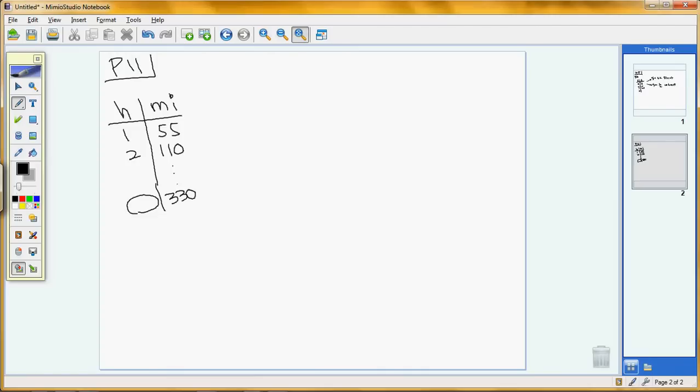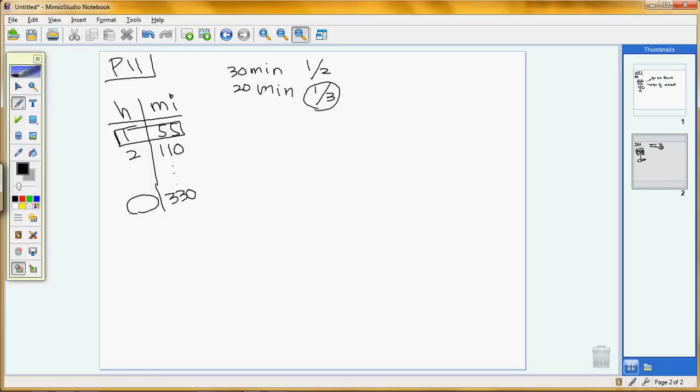Part B: how many miles does the car travel in 20 minutes? So we know in 1 hour it goes 55 miles, right? That means in half an hour, it will be half of that. 30 minutes is half of 1 hour, of course. 20 minutes is 1/3 of that.